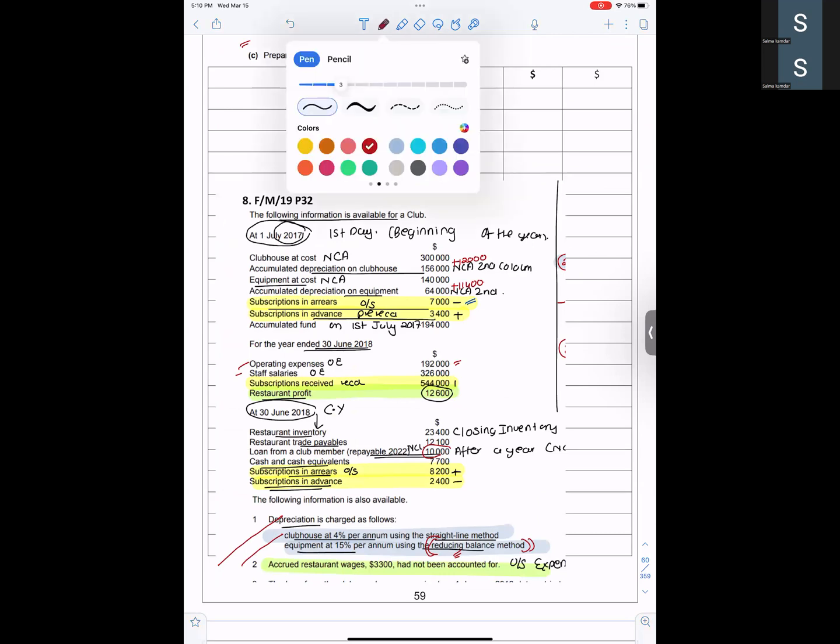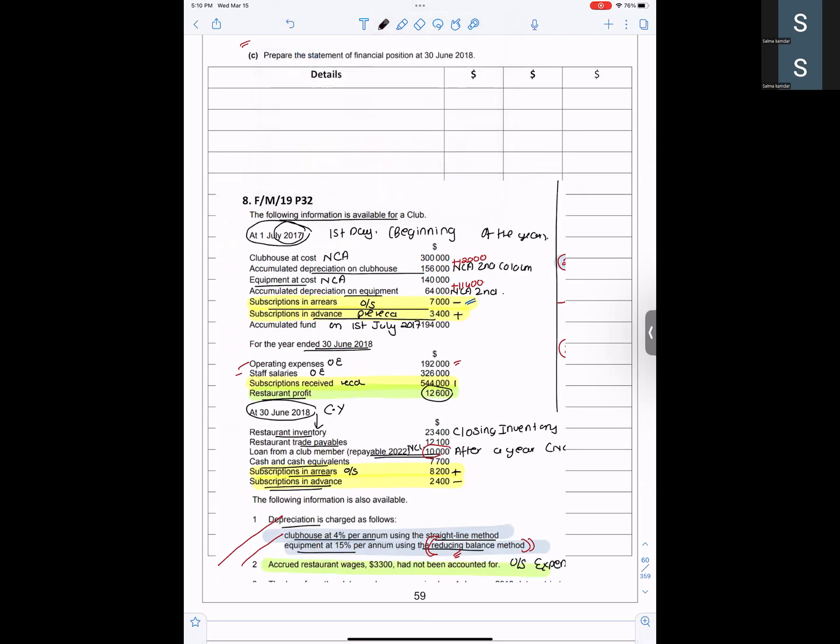First thing that we always record is non-current assets. What are my non-current assets? This would be cost, accumulated depreciation, and net book value.